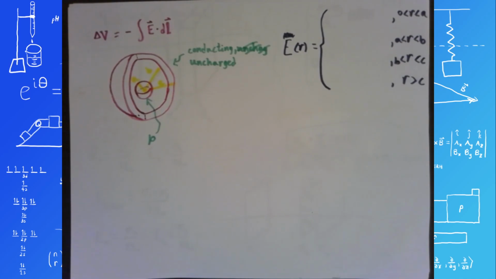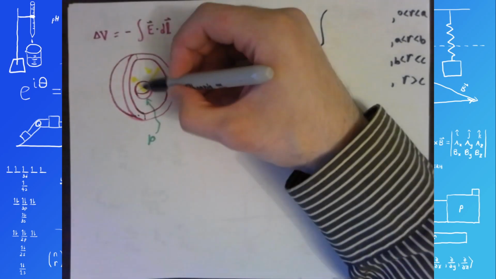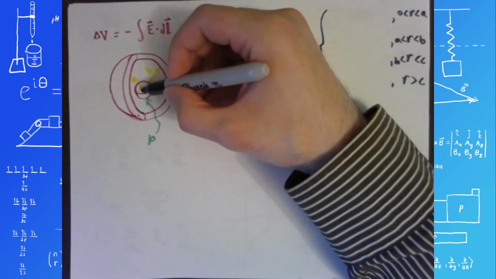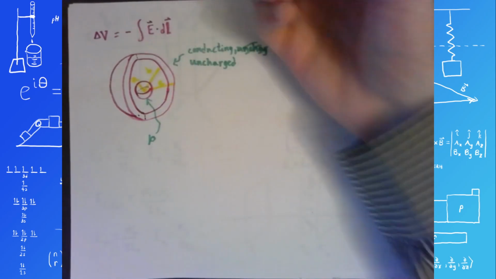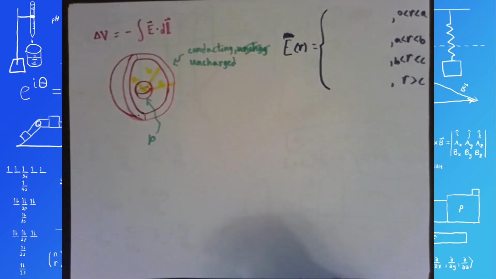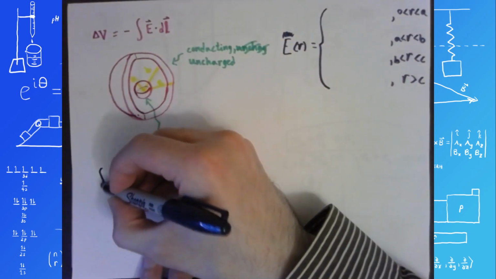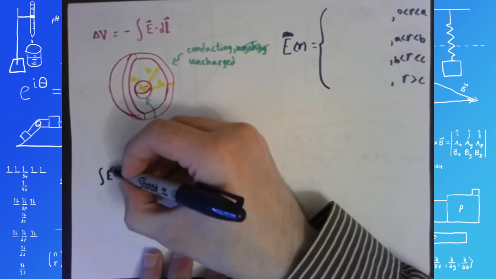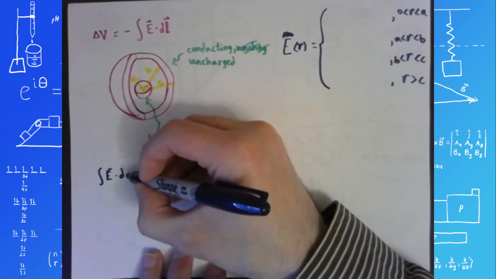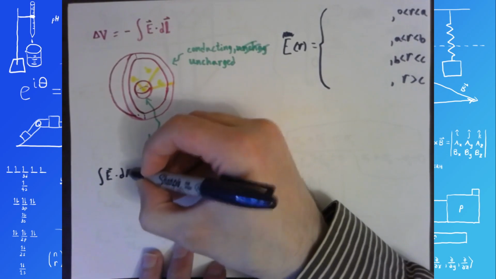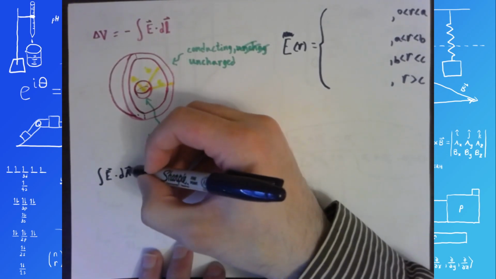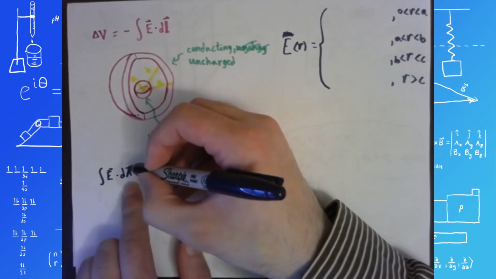Okay, so first up is applying Gauss's law for a Gaussian sphere of radius smaller than that of the inner sphere. We know that the electric field at all points on the surface of that sphere is pointing outward, parallel to the surface normals of our Gaussian sphere.